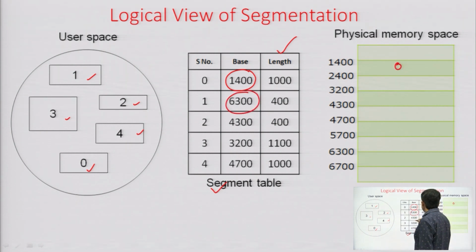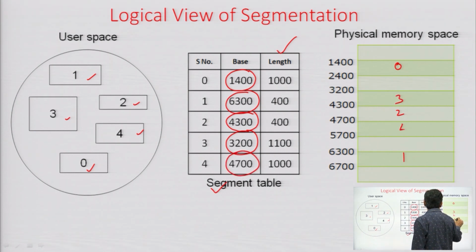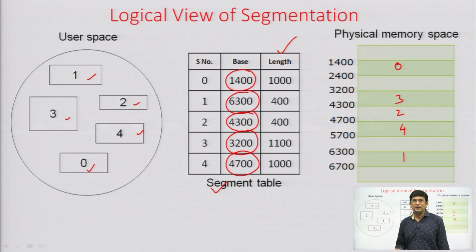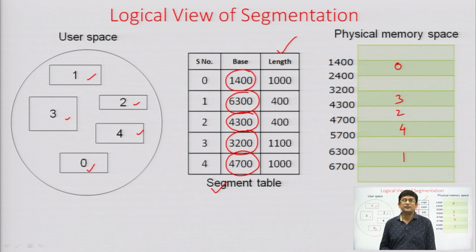The starting address of the first segment is 6300, so segment 1 will be stored here. Segment 2 will have its starting address here, segment 3 here, and segment 4 here. So we maintain the segment table that stores the base and the length of each segment. This is actually the overhead for us.